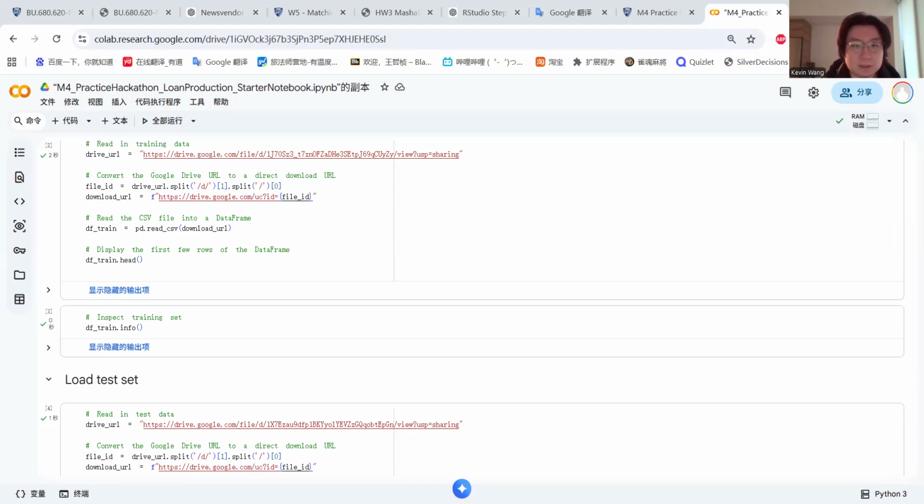So in this project, my goal was to build a reliable classifier to predict the loan outcomes while maximizing the F1 value, which means I have to balance the precision and the recall.